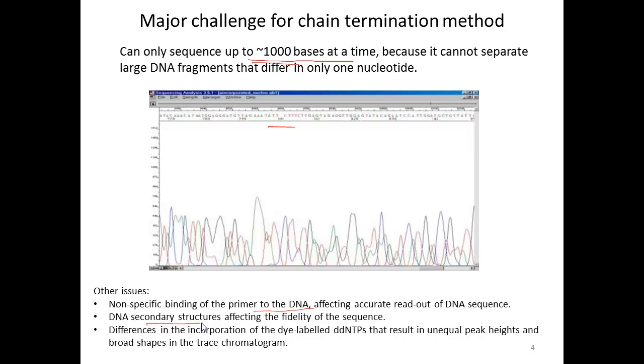DNA secondary structures, if you achieve a cloverleaf or a hairpin, that's going to affect the migration speed, and so that's going to affect whether an N+1 sequence comes right after an N sequence of DNA base pairs. And also, since the bases are different and their fluorescent molecules are different, they had different efficiencies of incorporating into the polymerase. Again, these are non-natural nucleotides, and this can all contribute to degradation of the observed signal.